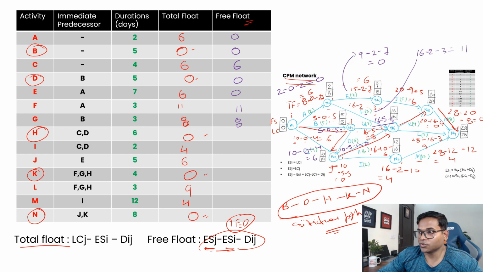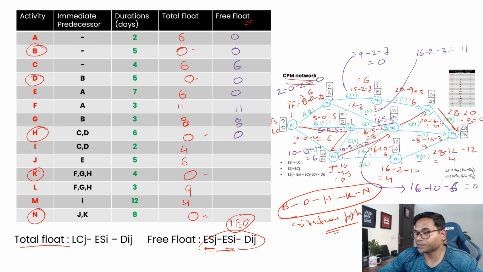Okay, then H, where is H? H is here, let me just put it here. For H it will be like this. So this is 16, right, minus this node 10 minus the duration, 6, right? So this is 0, and it should be 0 because it's on the critical path, right? It cannot be delayed.